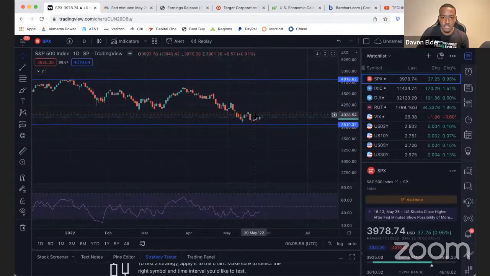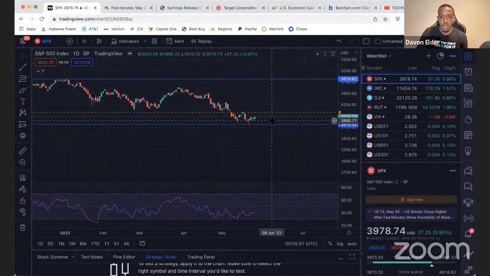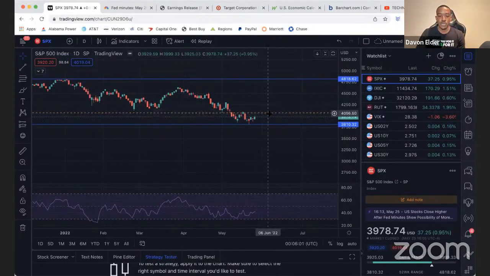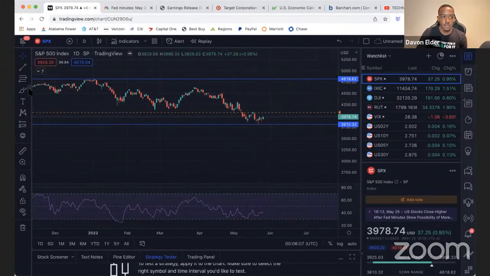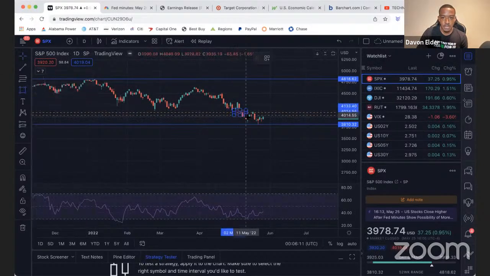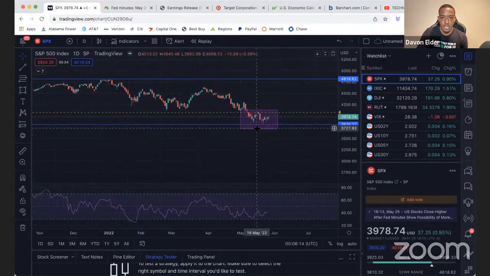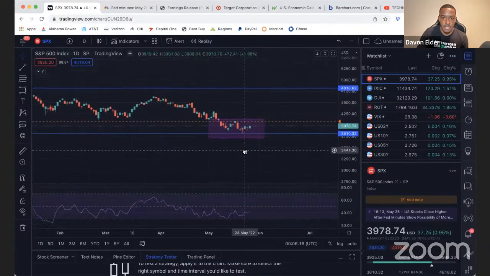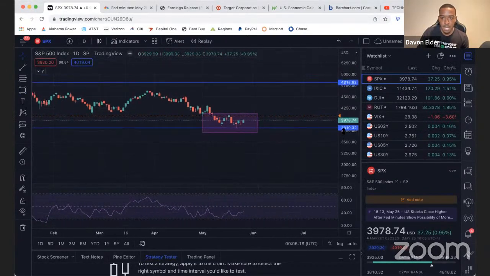In order for this to really truly be a double bottom, we would have to get above the level of 4,081.27. If we were able to break above that and close above that, then that would confirm that we are in a double bottom. So let me draw this rectangle right here, in this area where we came down to 3810.32.